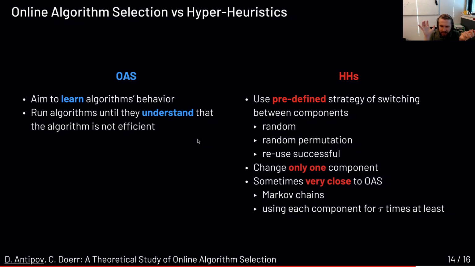But nowadays, as hyperheuristics become more and more complicated, they become closer to online algorithm selection, because they also learn the effectiveness of each lower-level heuristic. But I would say that this is a good topic to discuss in our community, not to get to different directions of research, and let's leave it for discussions.